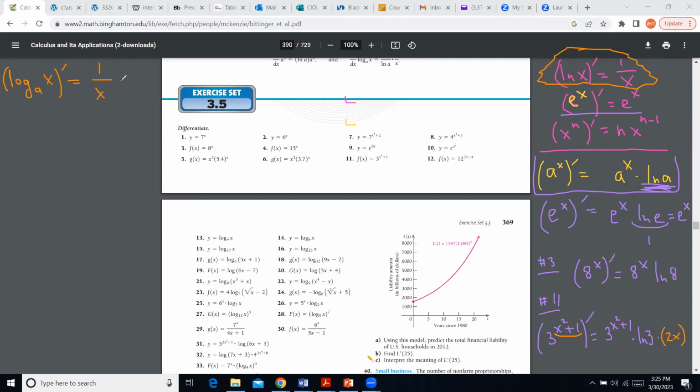But it's also going to be multiplied by 1 over ln of a. So when I had the previous formula with a to the power of x, I had to multiply by ln. But with this one, I have to divide by ln.